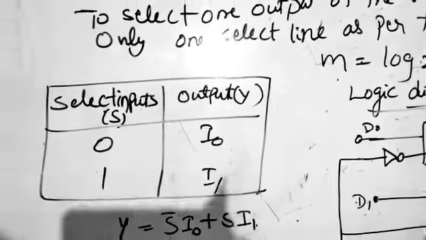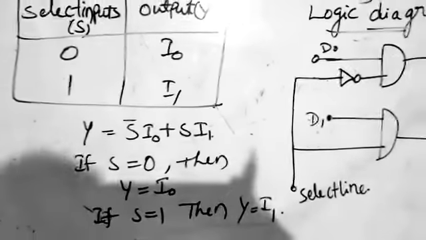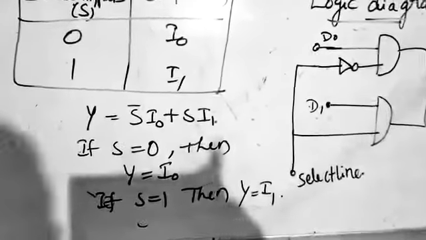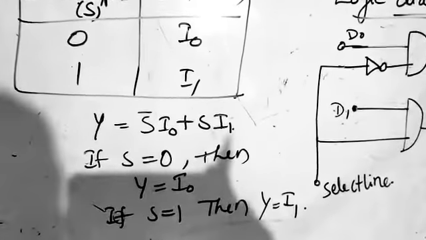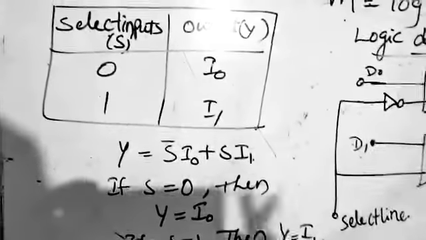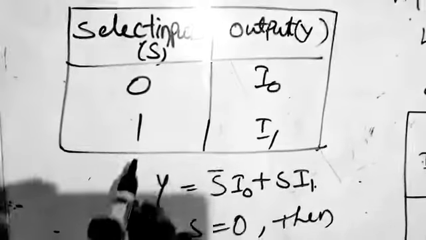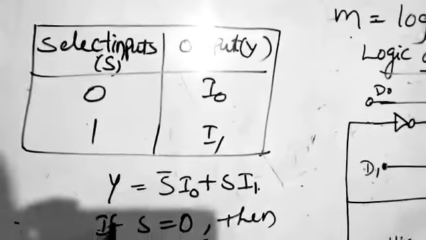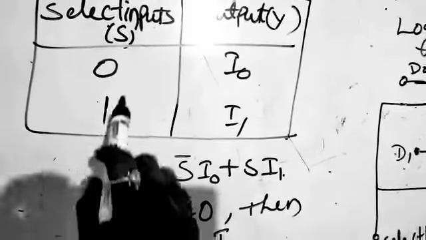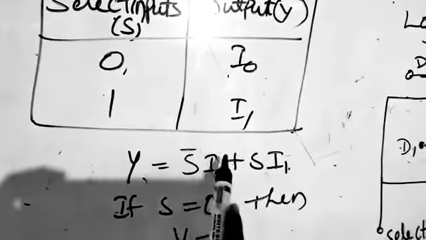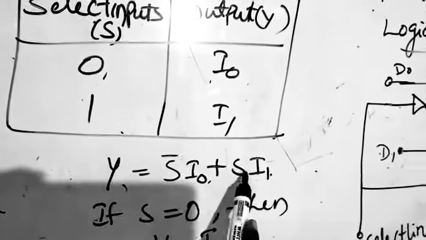To represent the logic diagram, we can take the boolean expression by considering this truth table. How can we write the boolean expression for the output? Y is equal to S bar I0 plus S I1.